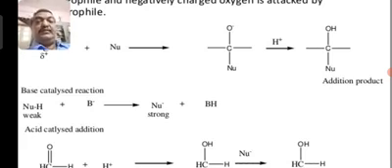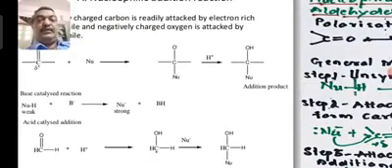Then the acid catalyzed reaction. In the acid catalyzed reaction, the addition of proton will occur first. You can see C double bond O plus proton gives C double bond OH plus, and this carbon will get a positive charge.